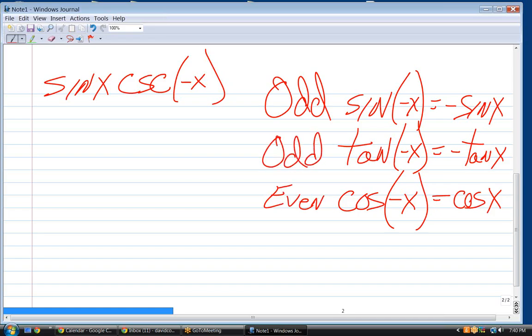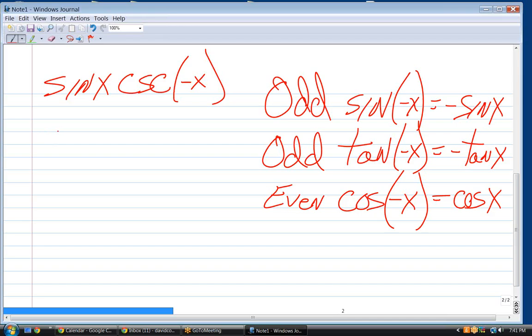Now, each of these reciprocals has the same odd or evenness as its reciprocal. So cosecant of negative x, because cosecant is the reciprocal of sine, is also negative.